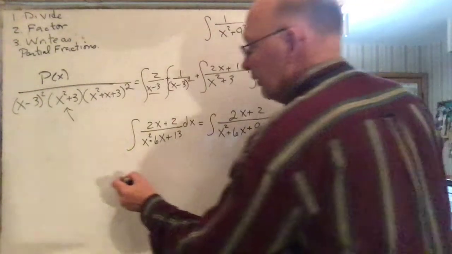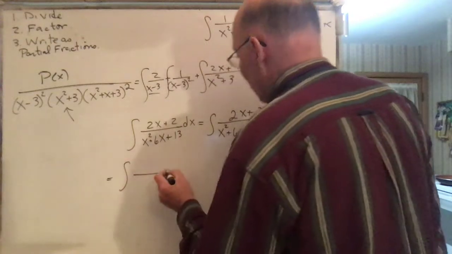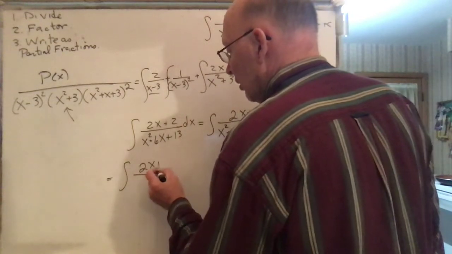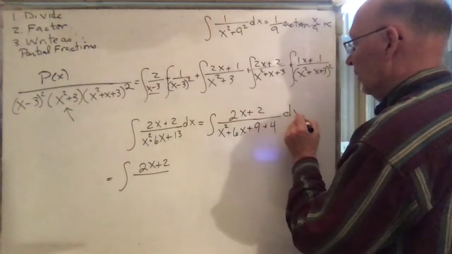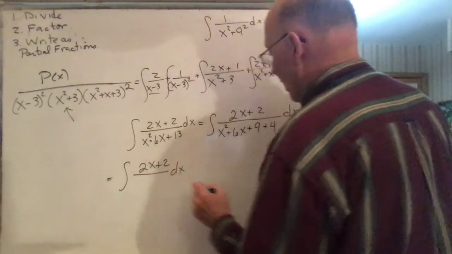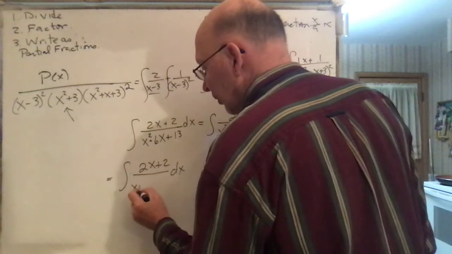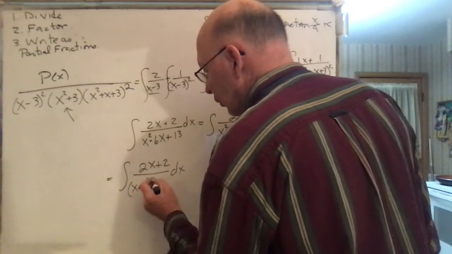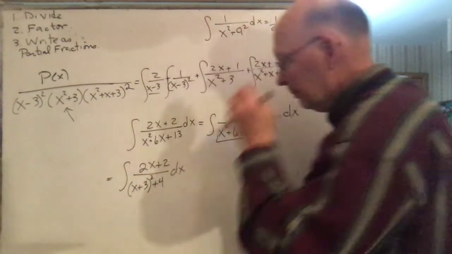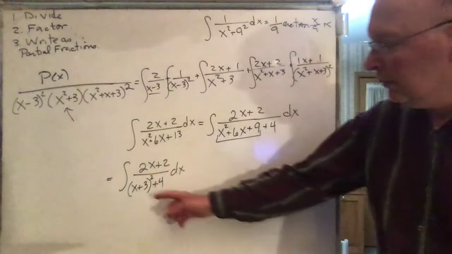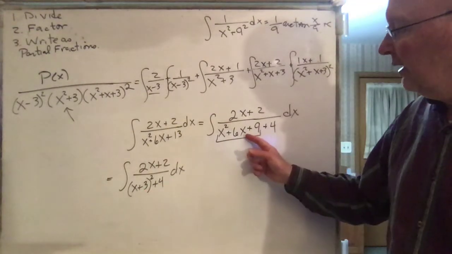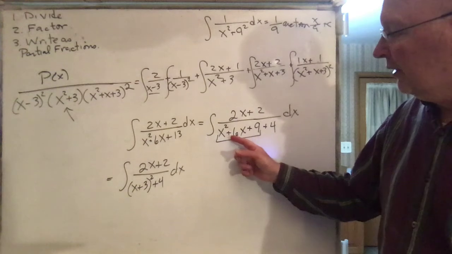Now, why do I want to do that? Because now, I always need my dx here. Now I can write this thing as the quantity x plus 3 quantity squared plus 4. And that's why I did this to it, okay?